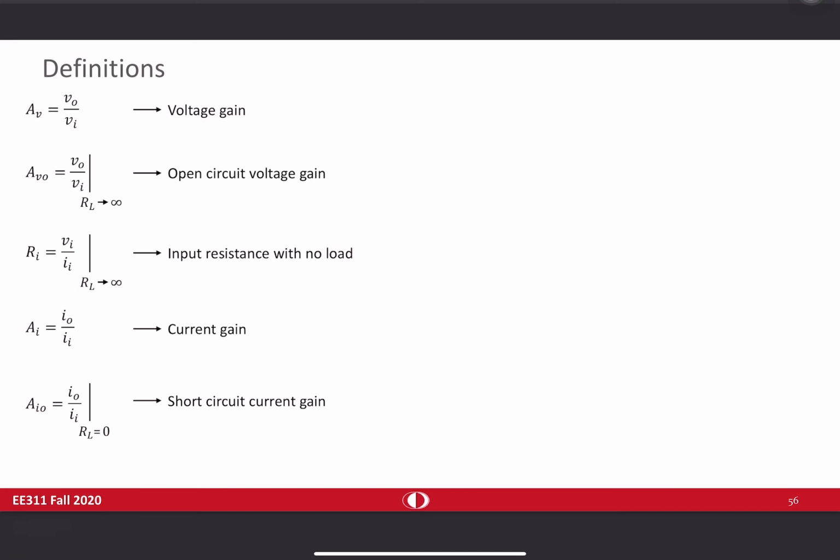For this gain values, there are different notations. Please check your textbook for some of them. So please check Sedra and Smith for these definitions. Up to now, we always use this simple gain expression, V out divided by Vi. But there are different gain definitions, like open circuit voltage gain, which means that you make the load open circuit.